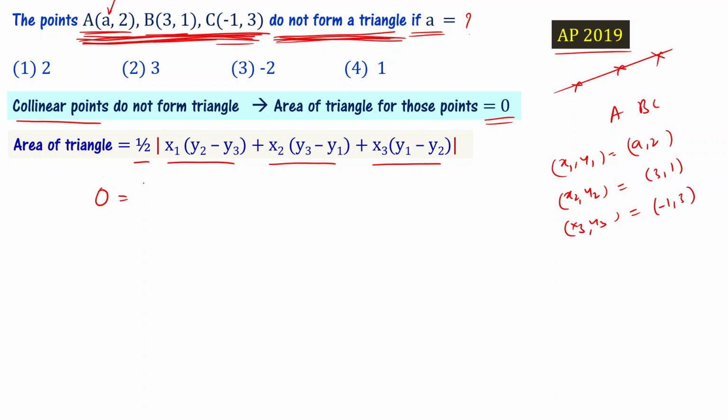Okay, then we can write this as half times modulus of x1, that is a, times y2 minus y3, that is 1 minus 3, plus x2, that is 3 times y3 minus y1, that is 3 minus 2, plus x3, that is minus 1, times y1, that is 2 minus y2, right?